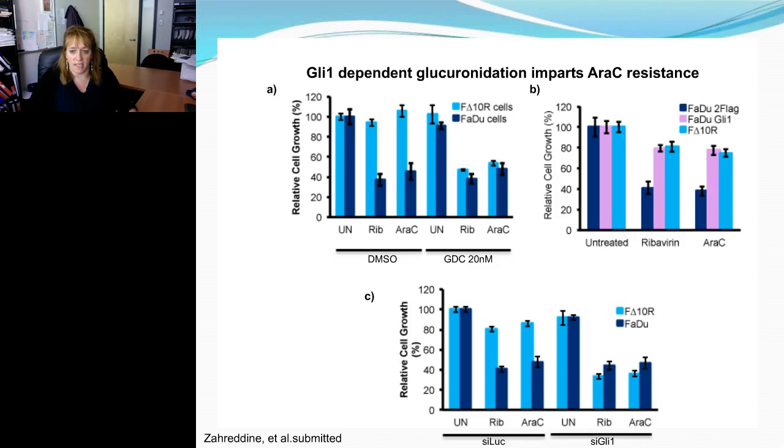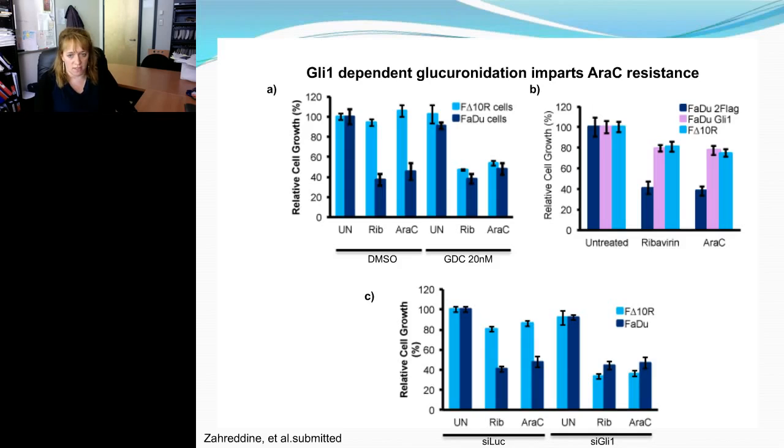What you can see in this graph is looking at either cells treated with DMSO or cells treated with GDC, and we have either the type 2 resistance or the parental cells. And what's clear here is that the resistant cells obviously are resistant to ARC also, despite the fact that the resistant cells had never seen ARC in our assay, so that was interesting.